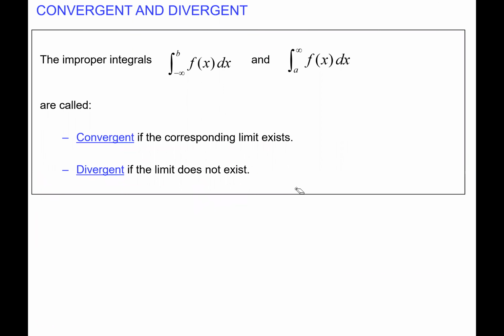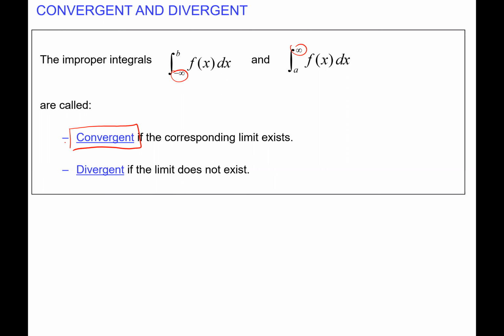And now we have a really important terminology. If these improper integrals, on the negative side or the positive side, we can rewrite as a limit and we can compute, and if the corresponding limit exists, we will say the integral is convergent. Convergent means it exists as a finite number.